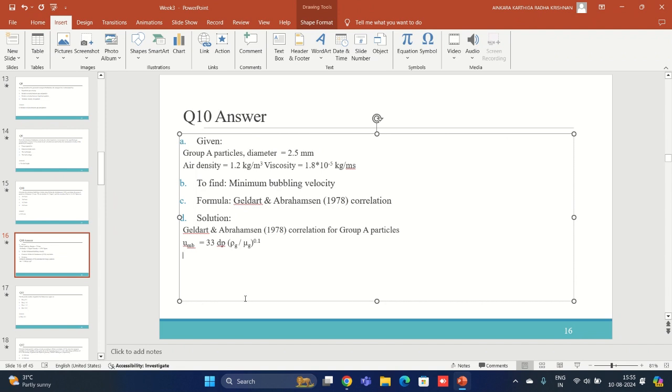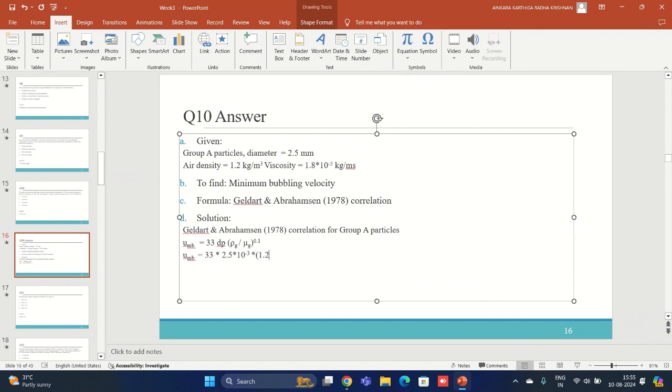So now we need to substitute everything back over here. UMB is equal to 33 into 2.5 into 10 power minus 3 into rho g by mu g.